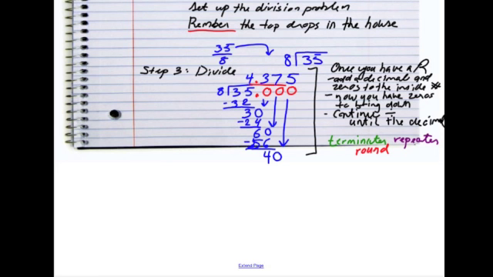A terminating decimal is a decimal which comes to an end. Just like our last example, there was a point at which I could stop bringing down zeros because I had brought 8 into my 40 evenly and I didn't have to continue on, right? It does not go on forever.